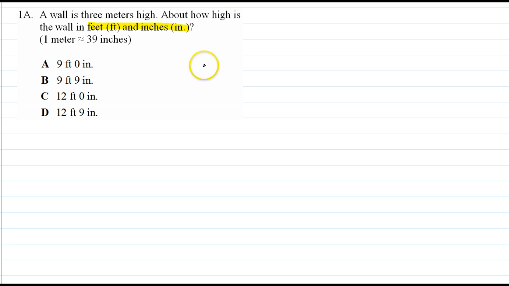So they tell us that 1 meter is equal to 39 inches. Now, since the answer is going to be in feet and inches, we should take the 39 and convert it into feet. And so you need to know that 1 foot has how many inches in it? So 1 foot is 12 inches.